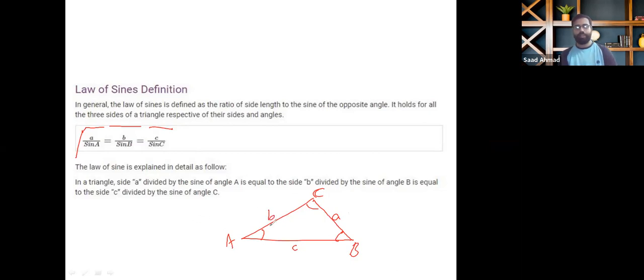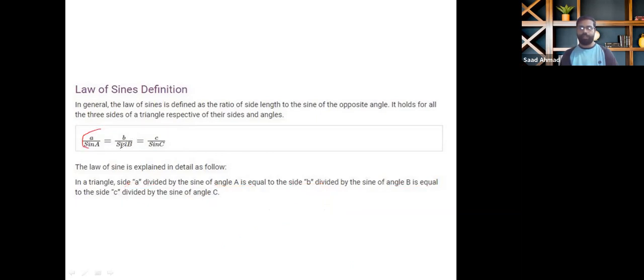The small letters are the sides and the angles are capital letters. This is side b and the angle is capital B. This is side c and the angle is capital C. So the law is a over sine A equals b over sine B equals c over sine C.